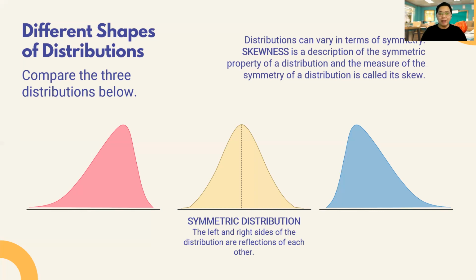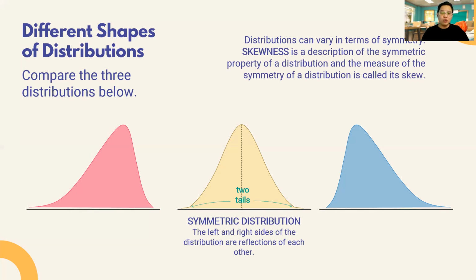So whenever we see the shape of a distribution, a density curve, and we identify the middlemost point or the line right in the very middle, and it just so happens that the left side and the right side along this line are reflections of each other, then we say that the distribution is symmetric. Now, this is of course not the same for the first and the third distribution, as we notice that they are not symmetric, and we will describe what we mean by it later.